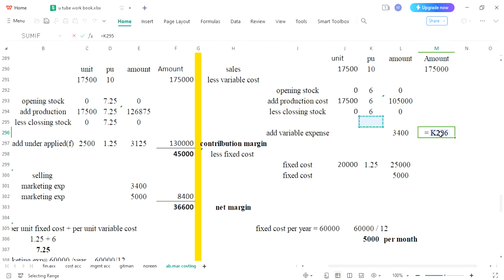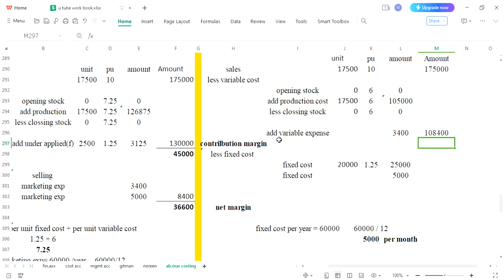We have opening stock at start and then we need to add production cost. This is your production cost. Then you need to less your closing stock, and then you need to add your variable expenses. So in this way your total variable cost has been arrived.